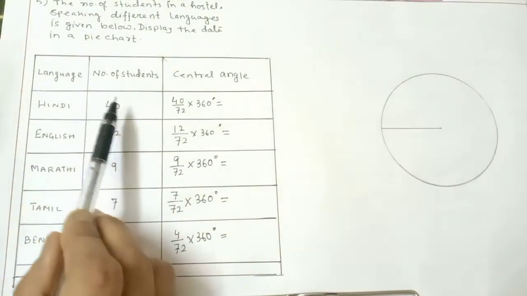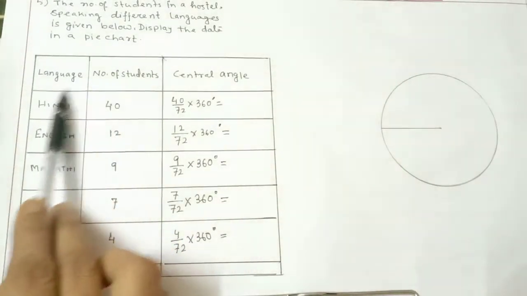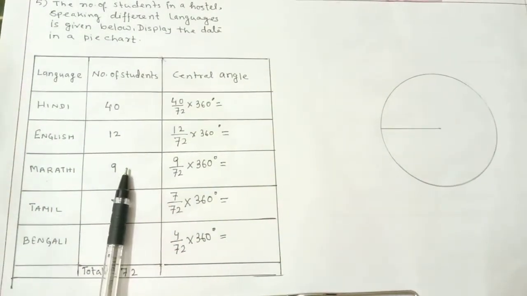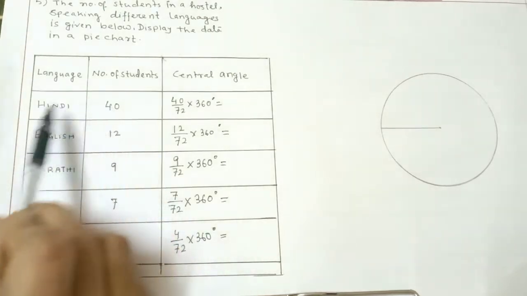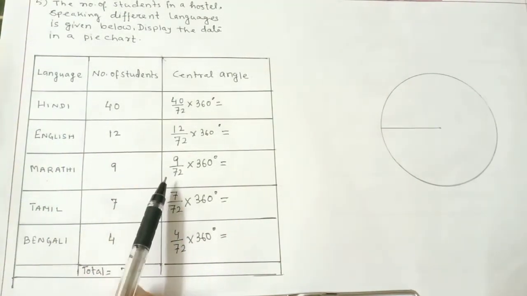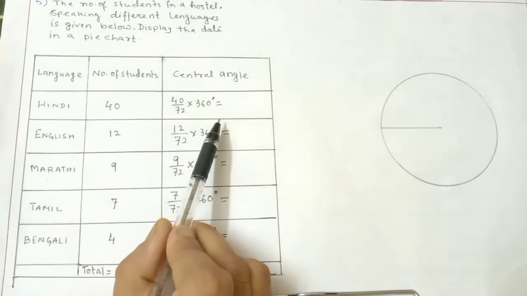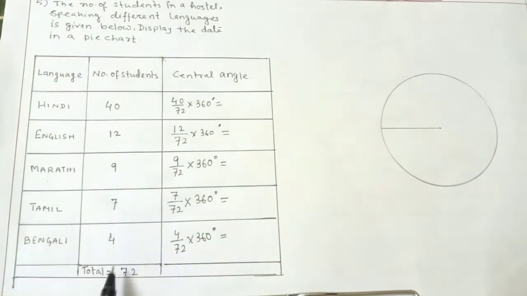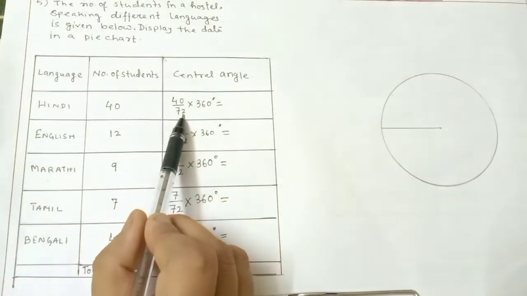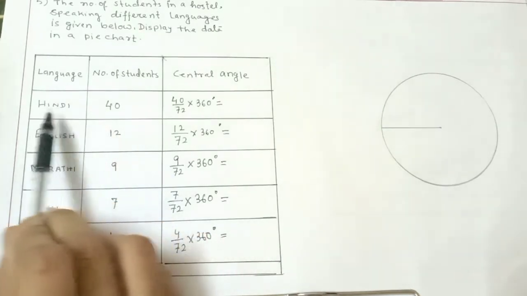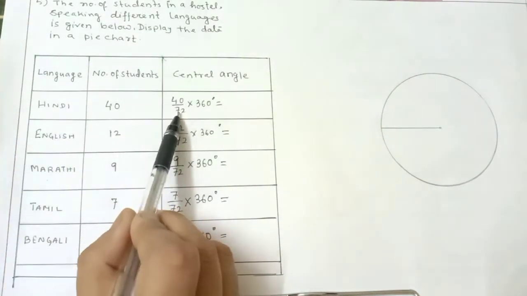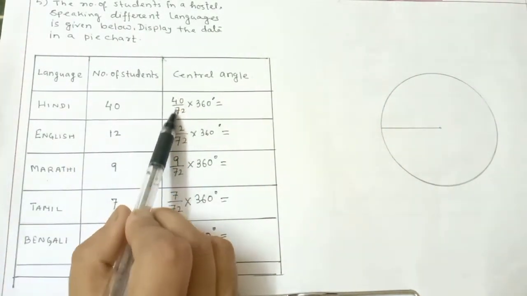You have to draw the pie chart by using this data. Now you know that before drawing the pie chart, you have to find the central angle. So 72 out of 72. For language Hindi 40, so out of 72, 40 by 72.